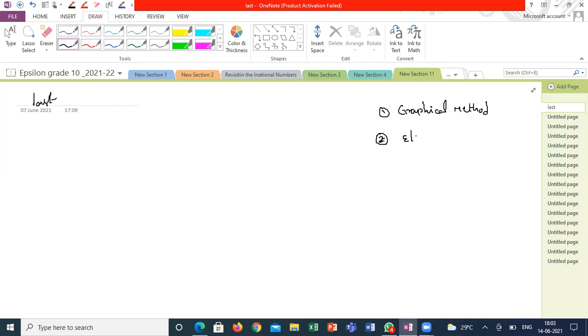We already completed it. The third one is the substitution method. The fourth one is remaining. The first 3 methods we completed. The fourth one is the cross multiplication method.